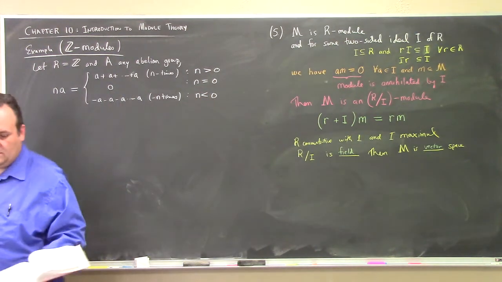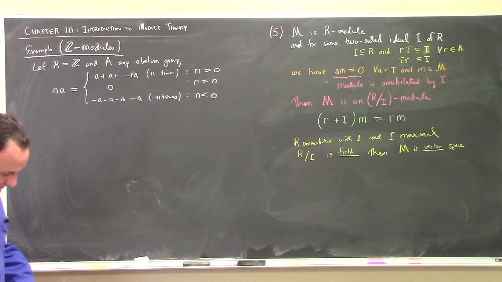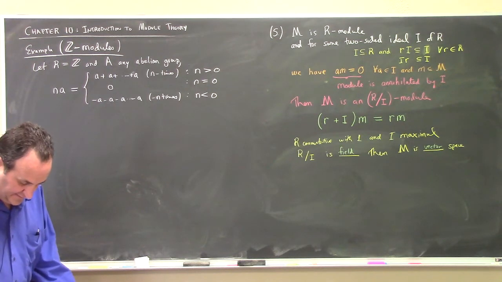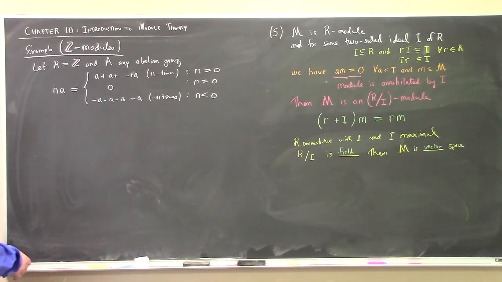All I'm telling you is that we define n times A in an abelian group by either repeated addition, by 0, or by repeated subtraction of the element for any integer n. And so, indeed, that makes A into a Z module. Every abelian group is a Z module. And as he says, Z modules are the same as abelian groups. Why is that?